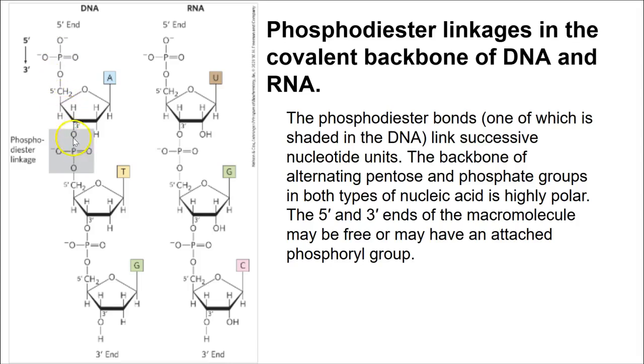The other attachment of the phosphate group is on the third carbon of the carbohydrate ring, and from there it attaches to the fifth carbon, and then another attachment on the third carbon attaching to the fifth carbon, and then, at least for this picture, you have a free end for that third position on this carbohydrate.